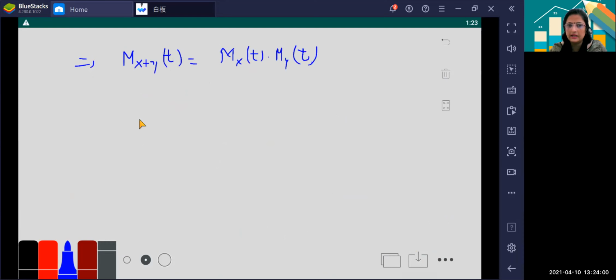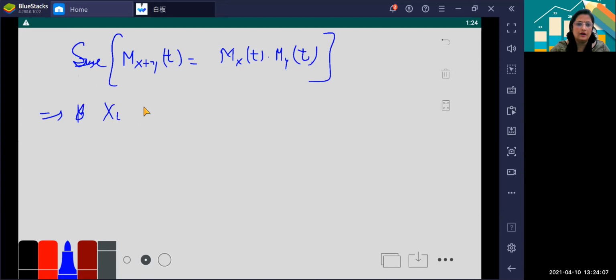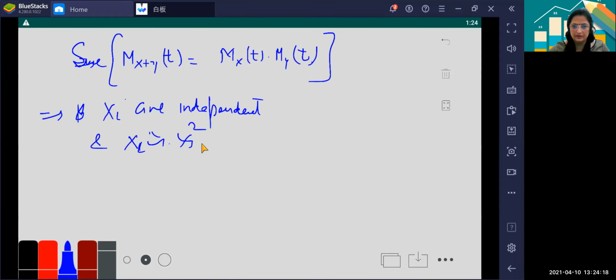You did the same in the previous one. Since you apply the result here, it implies all xi's are independent and every xi is following chi-square distribution with ni degrees of freedom. So this is all about the properties of chi-square distribution, right?